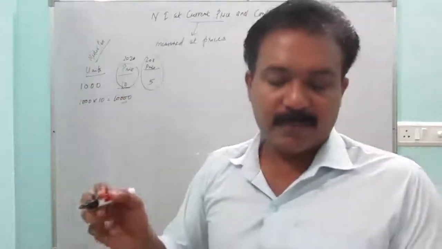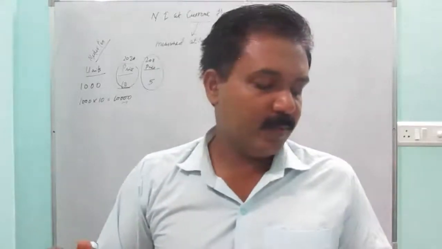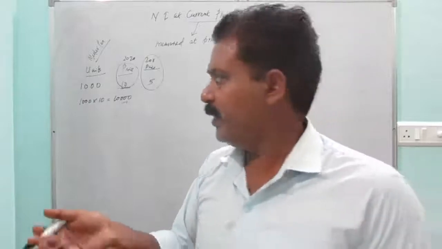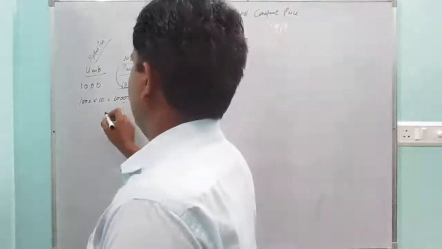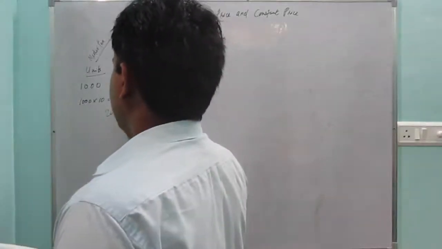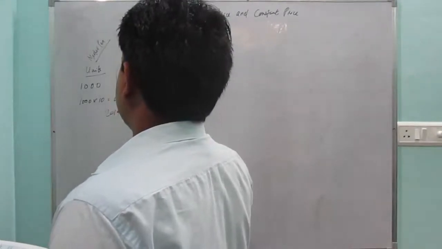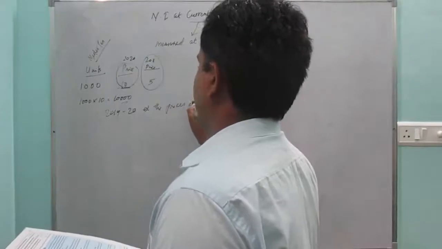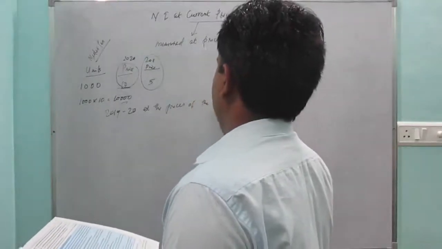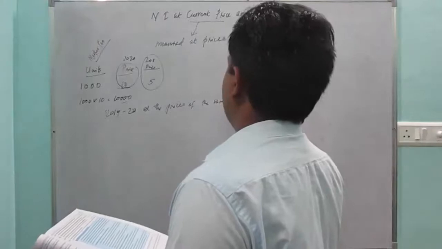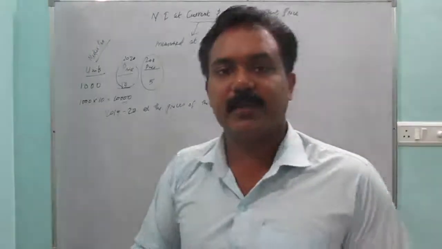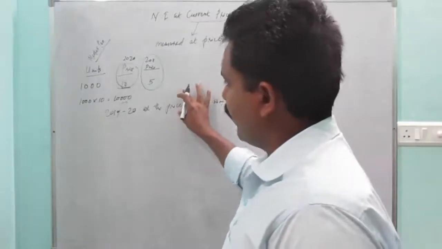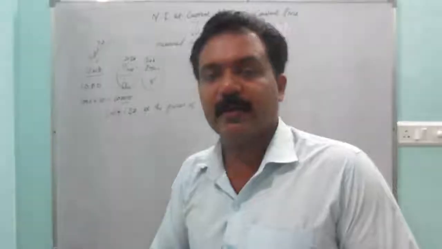For example, measurement of India's national income of 2019-20 at the prices of the same year. The rate of each good and service will be taken according to the prices of that particular year only.